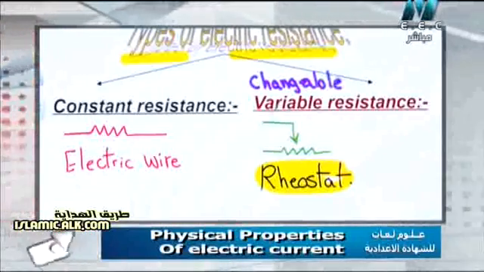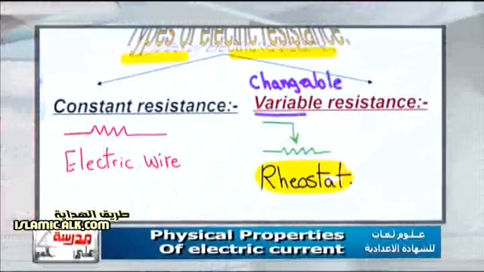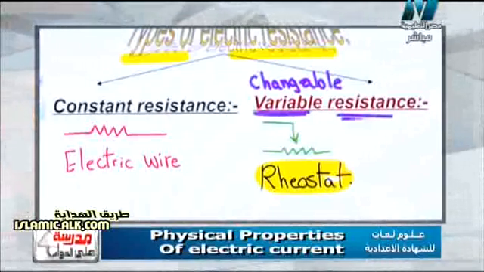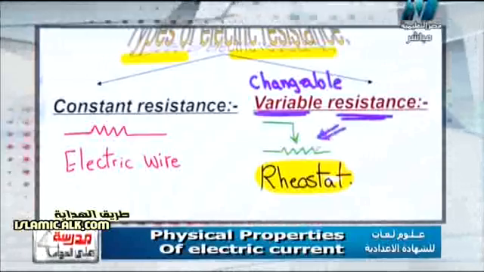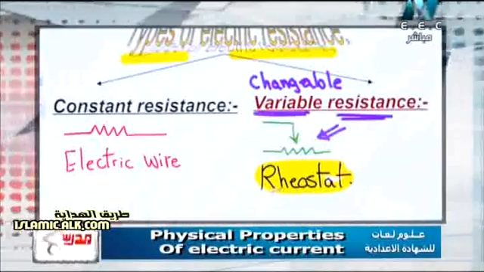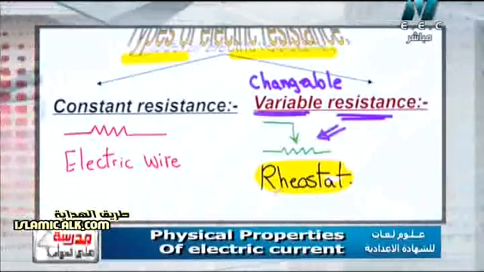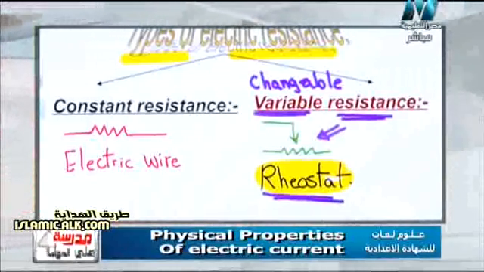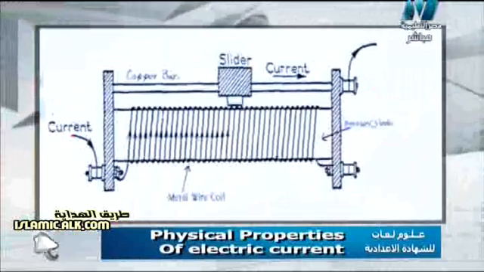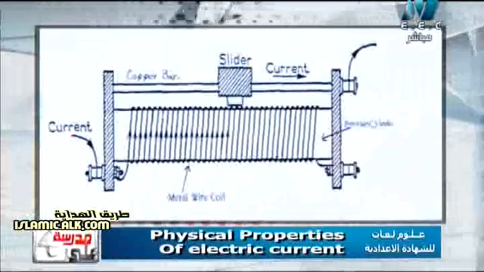So we talk about variable, which means changeable resistance, and its symbol is like that, and at the same time we can call the variable resistance a rheostat. Okay, as we have here the figure illustrating the rheostat.